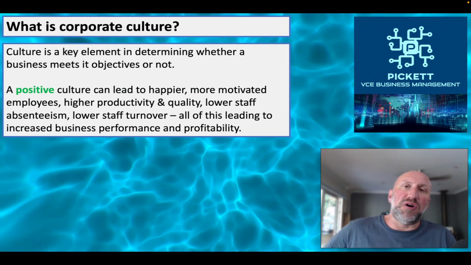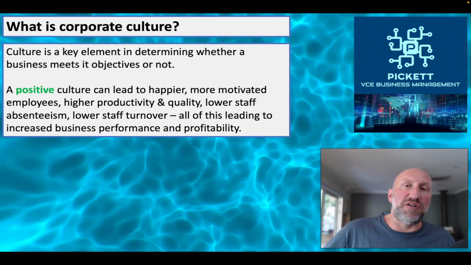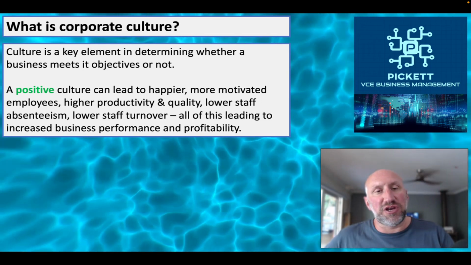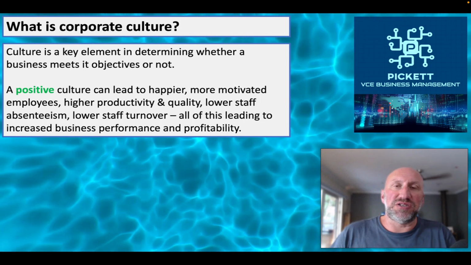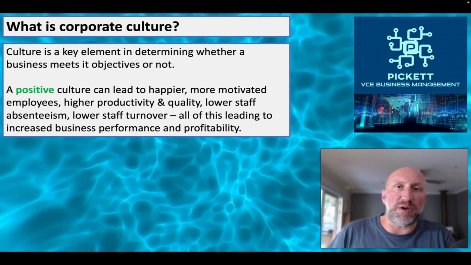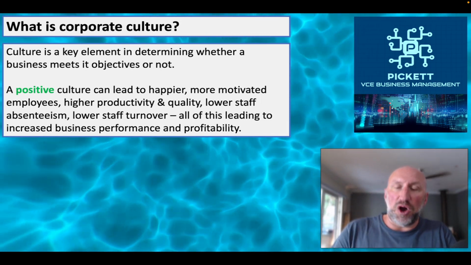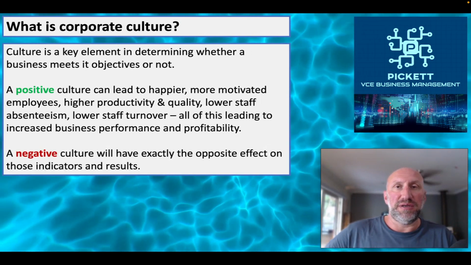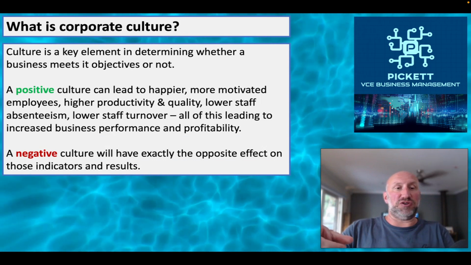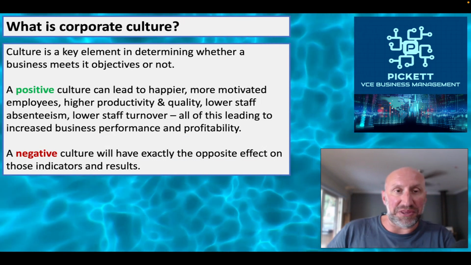They're going to produce high quality work. You're going to have lower staff absenteeism, lower staff turnover, and all of that combined leads to increased business performance and profitability. On the flip side, if we have a negative culture, it's basically going to have the opposite effect on all of those indicators and then the results.